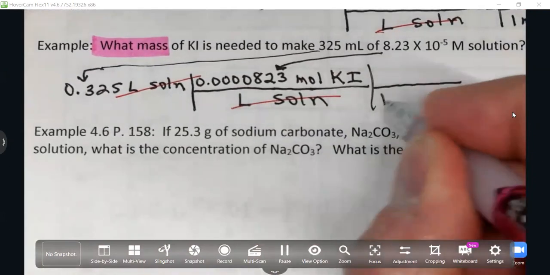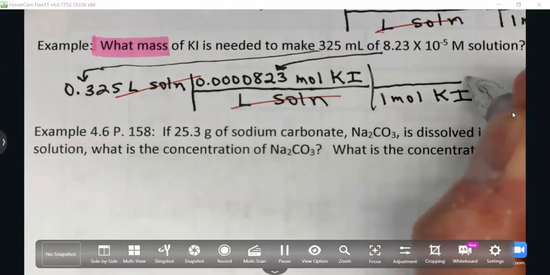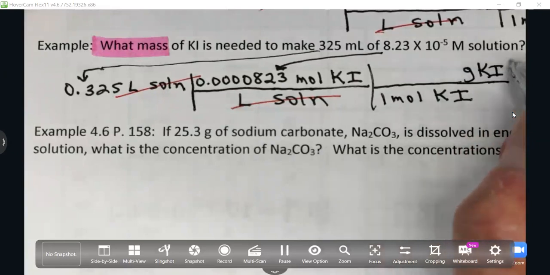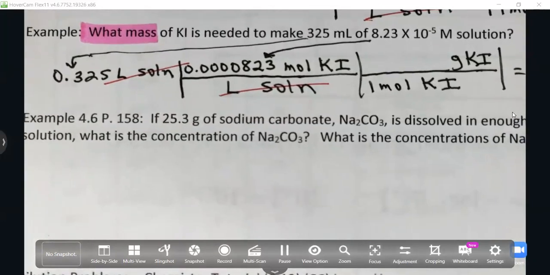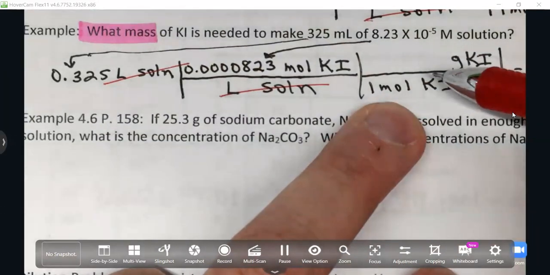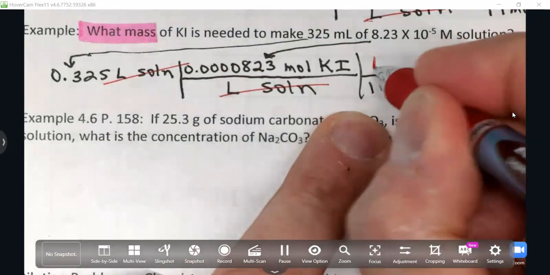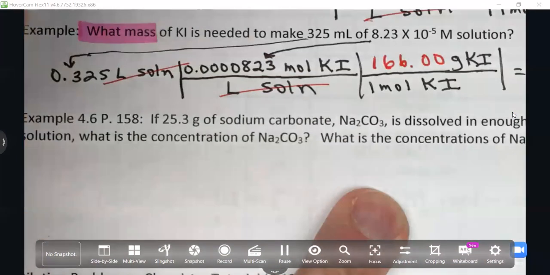So 1 mole of KI, how many grams? How many grams do we get here? 166.00. Wow, nice. 166.00.